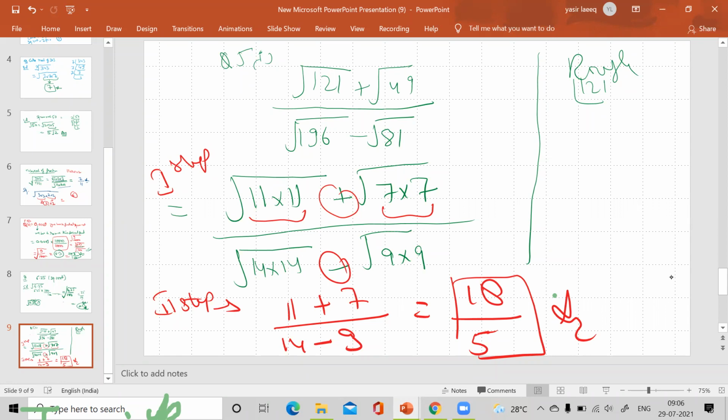Beta, 196, 14 square. See, 11 into 11 is 121. That's why I'm writing here. Sharish, is it clear? Okay, sir. And sir, for 49? Beta, you factorize it, then you will make a pair, then it will automatically come 7 into 7. Okay, Sharish? Yes, beta, tell me the answer. If anyone finds it, solve it.